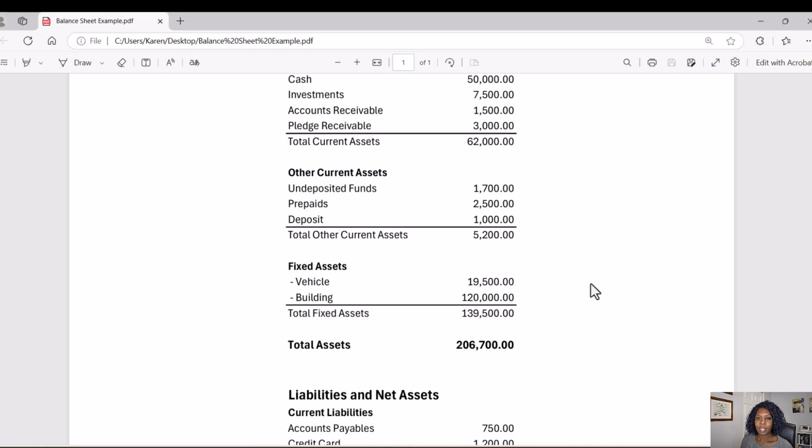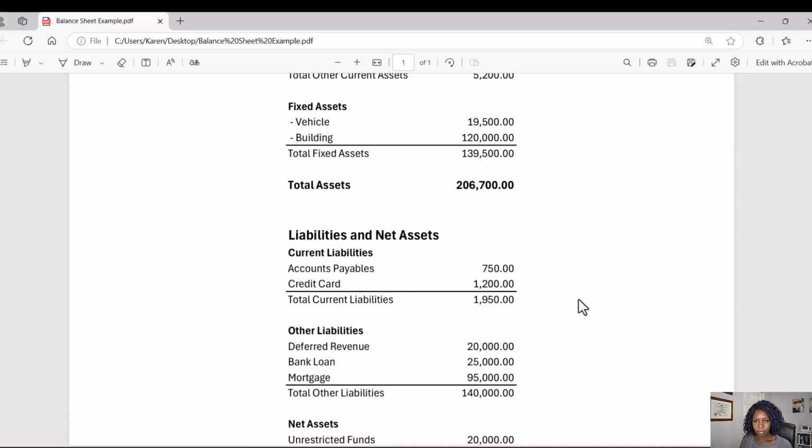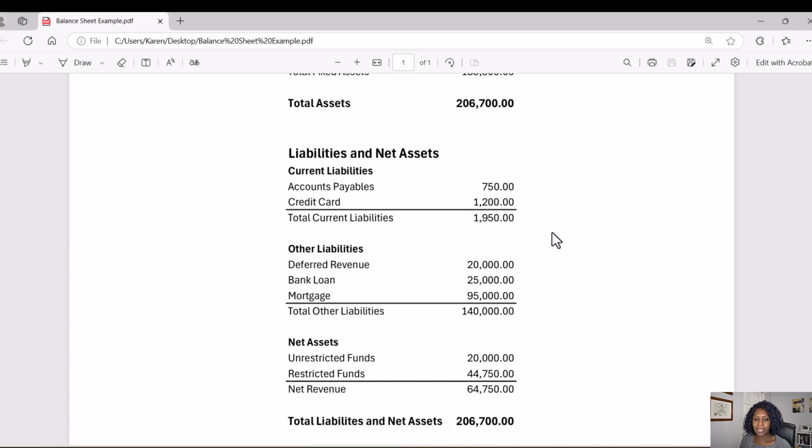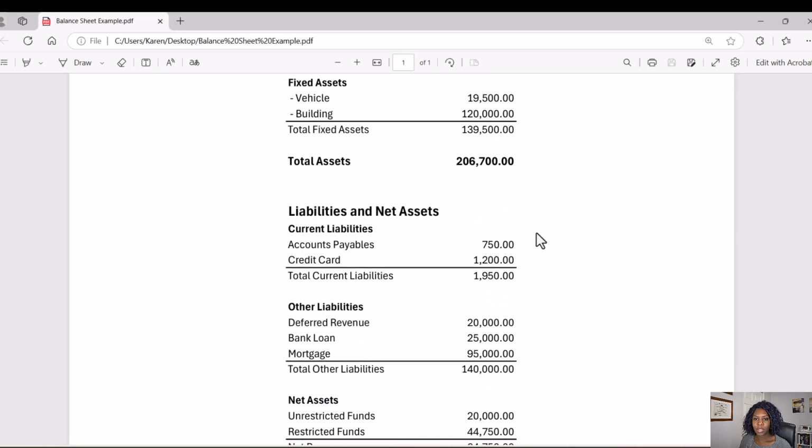Okay. And then you have your total assets right here. So next section we have is the liabilities and net assets section. Okay, so let's just start with liabilities.